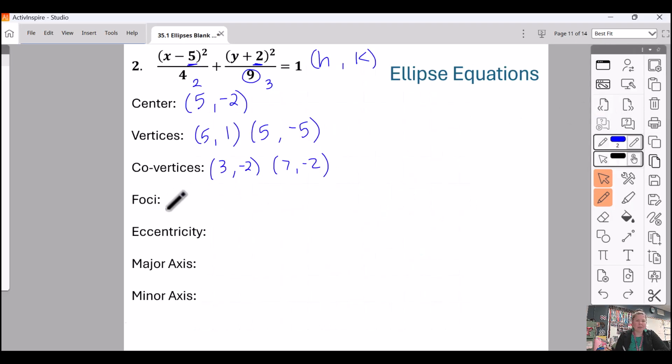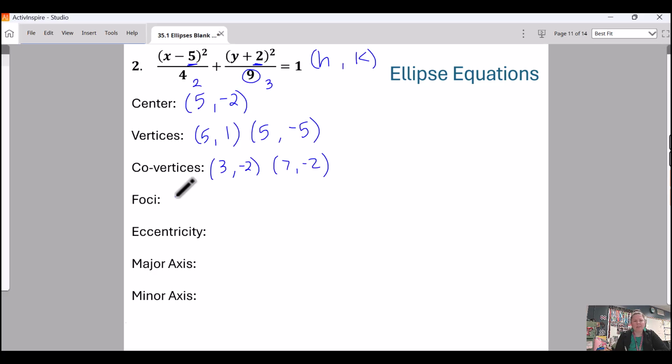Now for my foci, c is equal, remember, to the bigger denominator minus the smaller denominator, square rooted. So 9 minus 4 gives me the square root of 5, and the square root of 5 is approximately 2.2. Then my eccentricity is c.